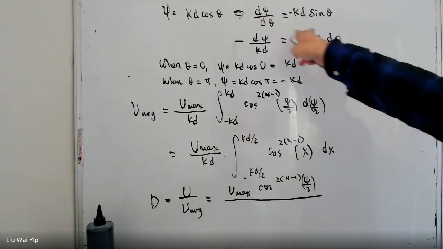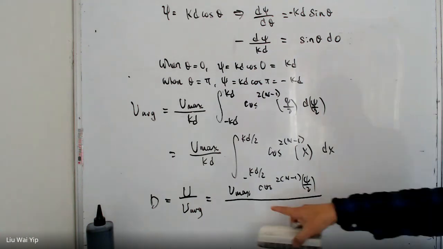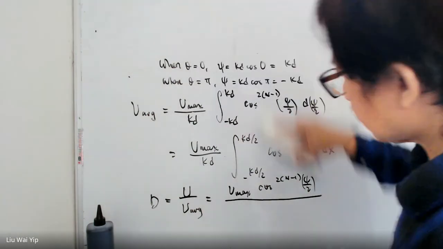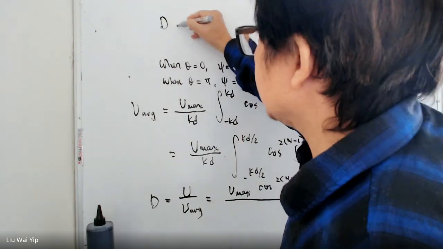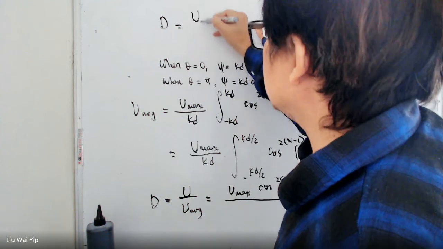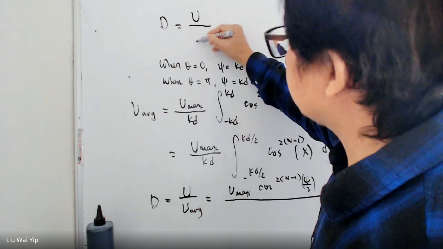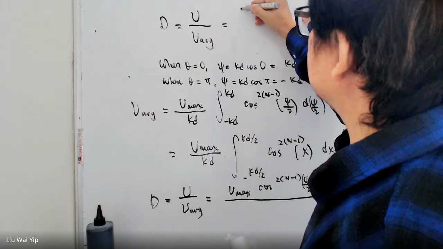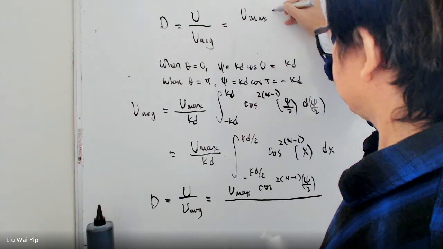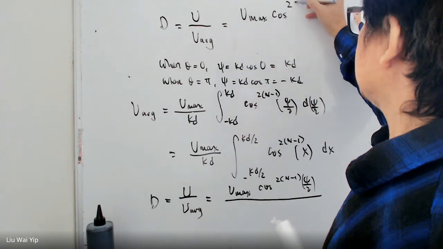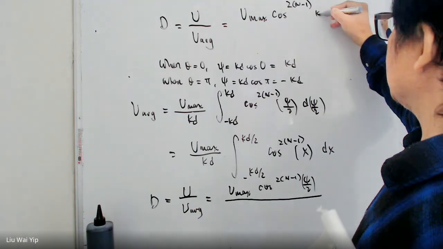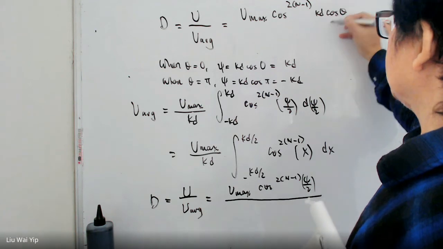I'm going to rewrite this in here. We are running out of space here. So D, the directivity, is U divided by U average. According to here, U is U max and then cosine 2n minus 1 and then pi over 2, which means cosine theta divided by 2.